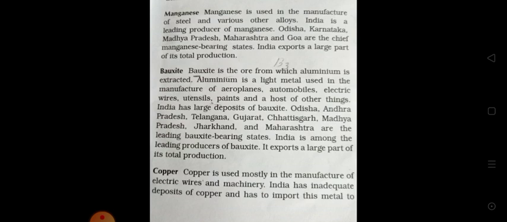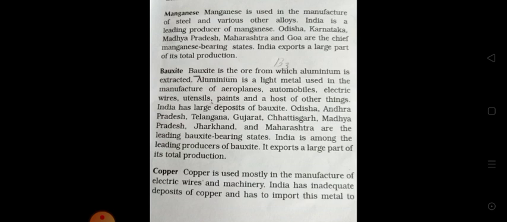Now copper. Copper is mainly used in the manufacture of electric wires and machinery.